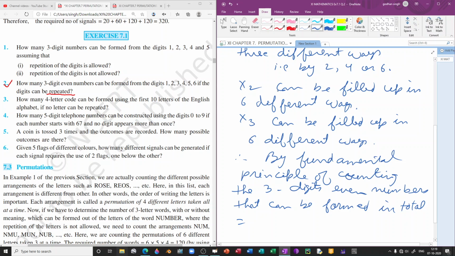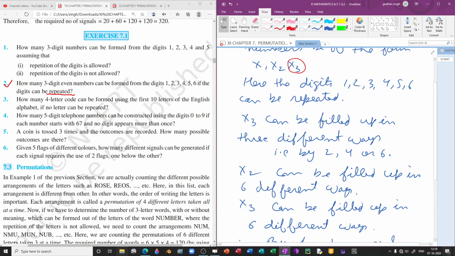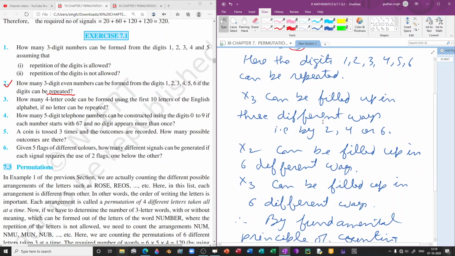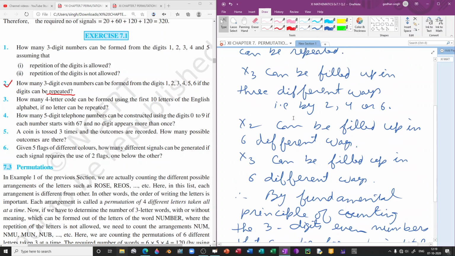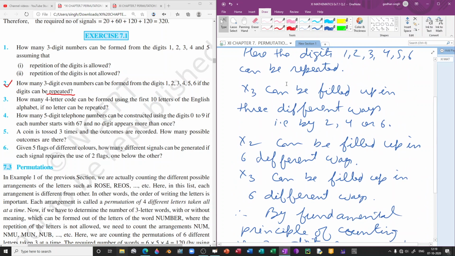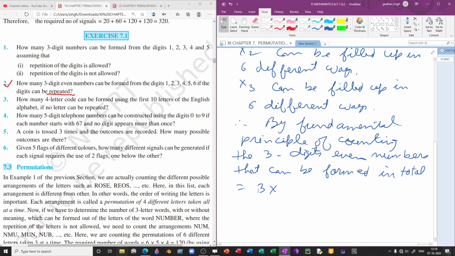In how many ways can x3 be filled up? In 3 ways. So we'll write 3 into, then x2 can be filled up in 6 ways, so we write into 6 into.